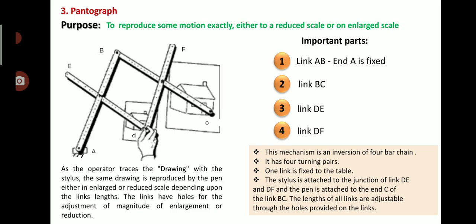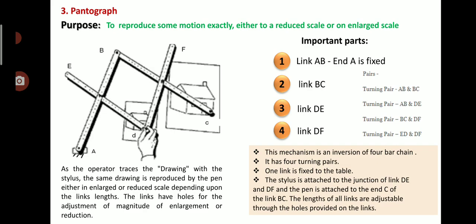So this is the third inversion of the 4-bar chain. In this you will see that there are 4 turning pairs. Turning pair number 1 is AB and BC. The second turning pair is AB and DE.